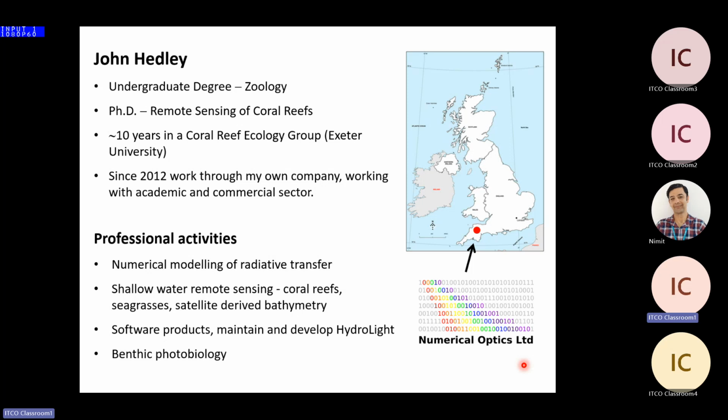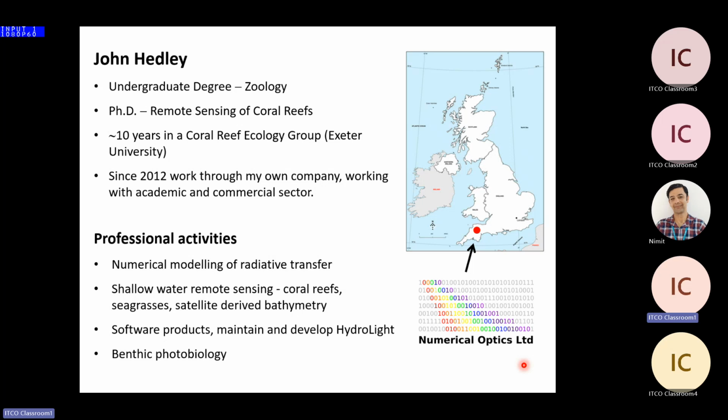So that's how I started to get into this kind of field. For nearly 10 years, I worked in a coral reef ecology research group at the University of Exeter. My supervisor was a guy that had done remote sensing of coral reefs in the late 90s, sort of early work on that stuff. But he was getting out of the remote sensing kind of thing. He was more into ecological modeling. And I was kind of the last person in the group doing any remote sensing.